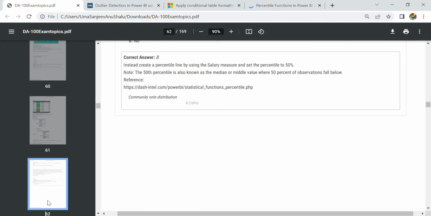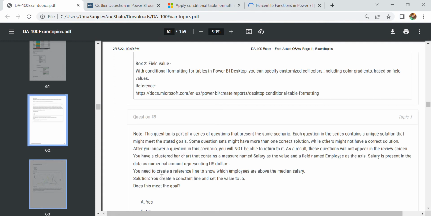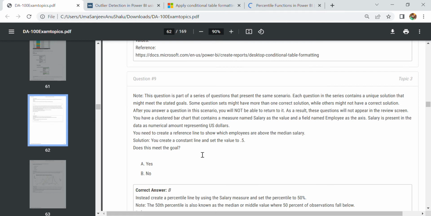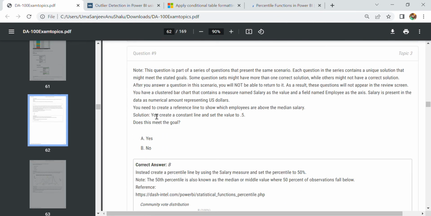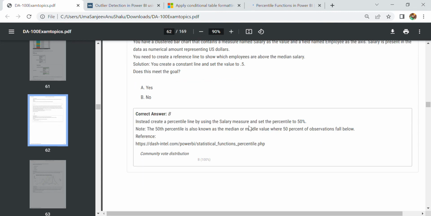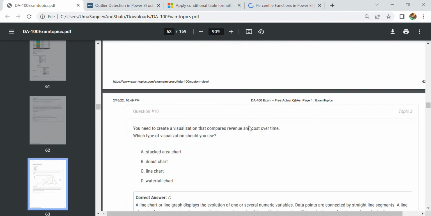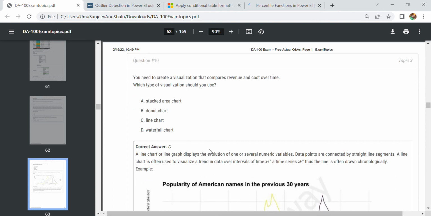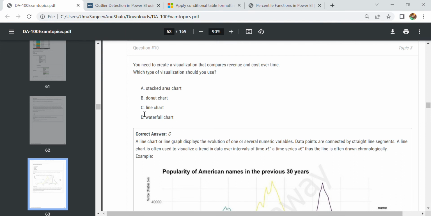My next and last topic is the same series, because we need to find out the correct answer. Here also it gives us a solution. This is also not the correct solution. You need to create a visualization that compares revenue and cost over time. So which type of visualization do we need to use? Here we need to use a line chart.